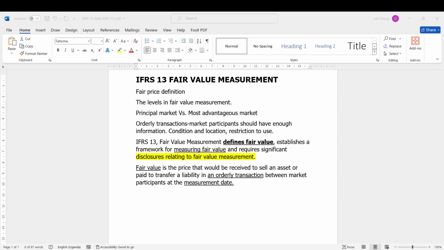Do you talk about value in use? Yes. You covered IAS 2. Inventory, yes. Which statement relates to fair value in IAS 2?